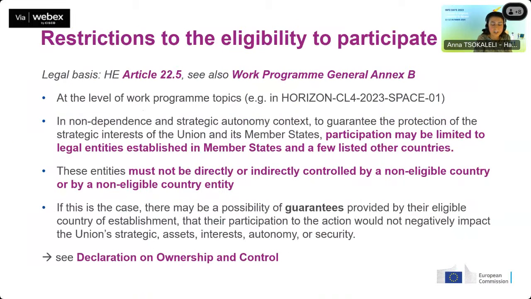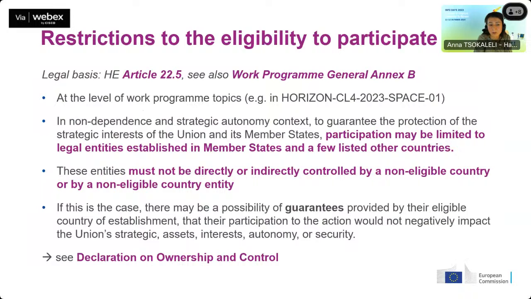Of course, for actions related to EU strategic assets, interests, autonomy, and security, the specific topic conditions may limit participation, as has been previously mentioned, to entities established only in EU member states or EU member states and very few specific associated or non-associated third countries. The legal basis is laid down in Article 22.5 of the Horizon Europe regulation.